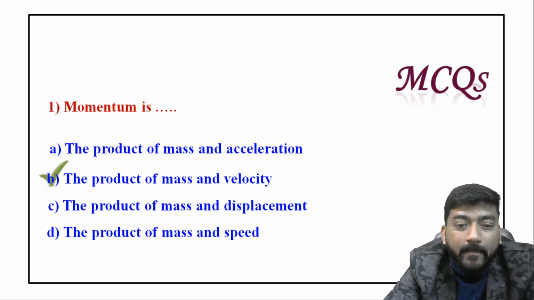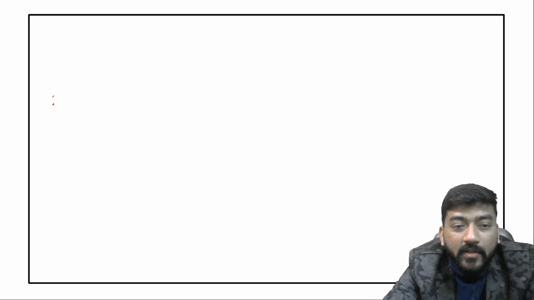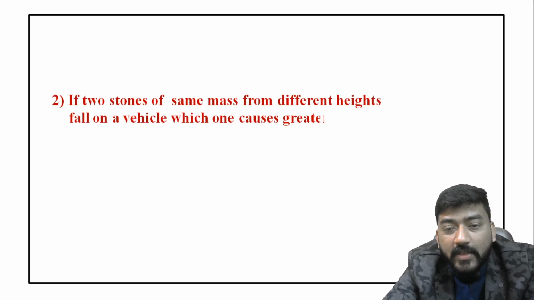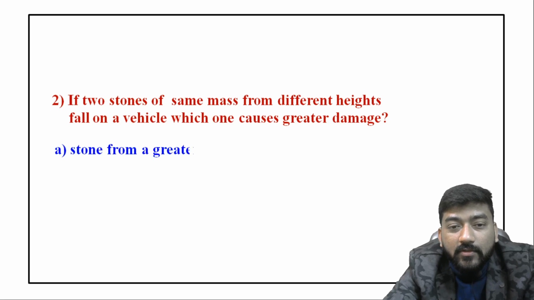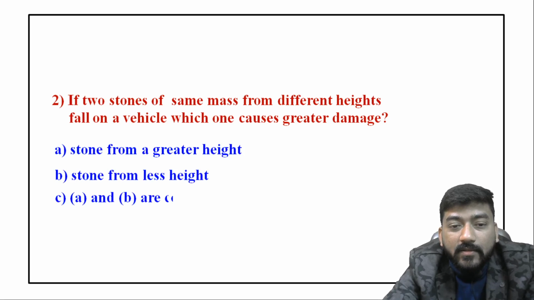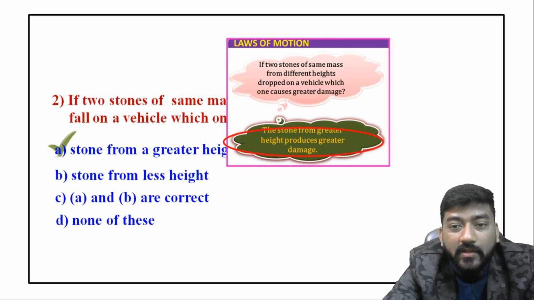Next question: if two stones of the same mass fall from different heights on a vehicle, which one causes greater damage? Stones from a greater height, stones from less height, or both A and B. Obviously the stone from the greater height, as I have discussed earlier.